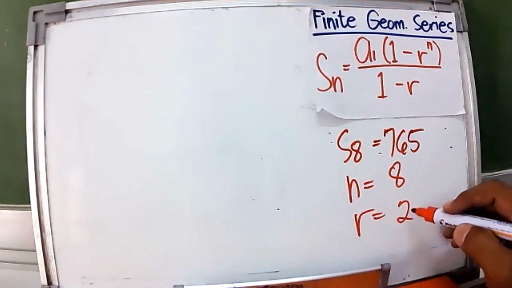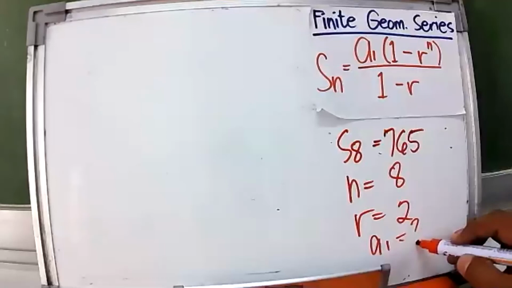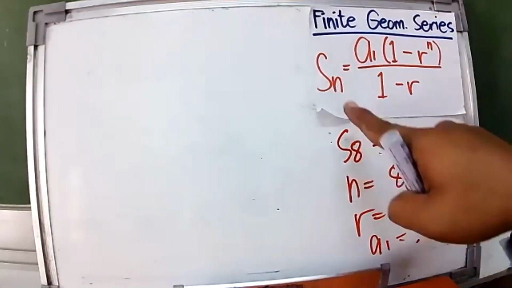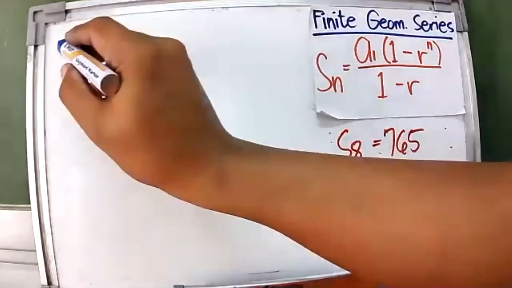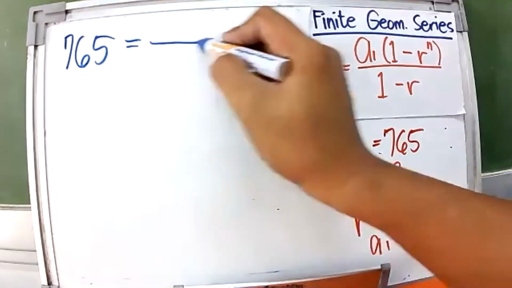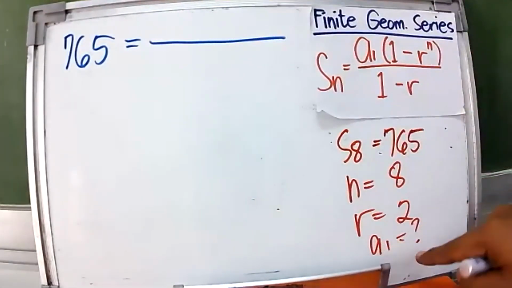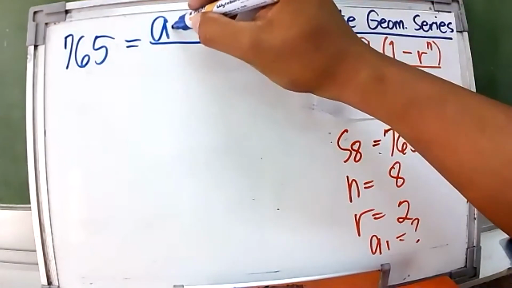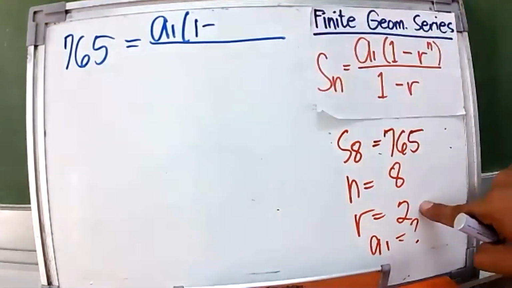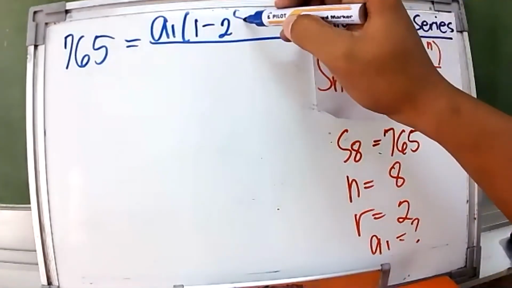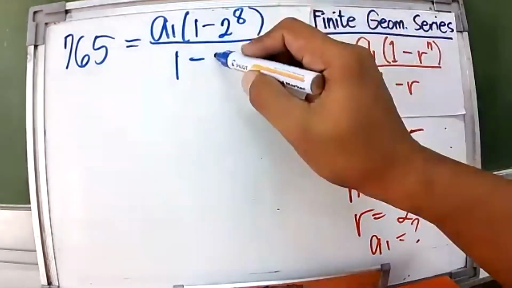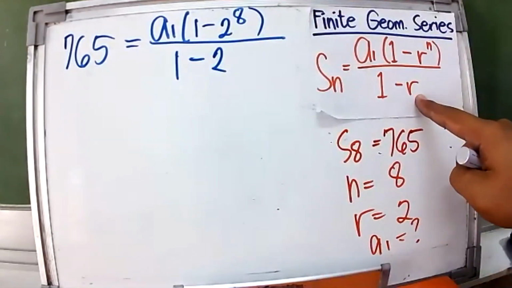R is equal to 2. And A sub 1 is the unknown. Okay, let's solve it here. From the formula, S sub 8, that's 765 is equal to A sub 1, that's unknown, times 1 minus R, which is 2, raised to 8, over 1 minus 2. Just follow this formula. Okay?